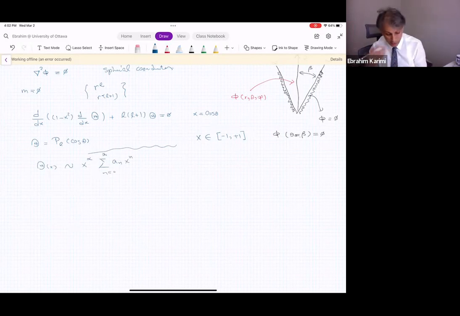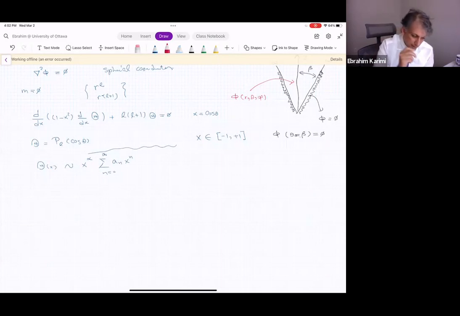And we said that in order to have the series converge, a_n should be bounded. Now there is a problem here, which is that we may not be able to use the same expansions. Does anyone have a thought on why we may not be allowed to use these expansions?